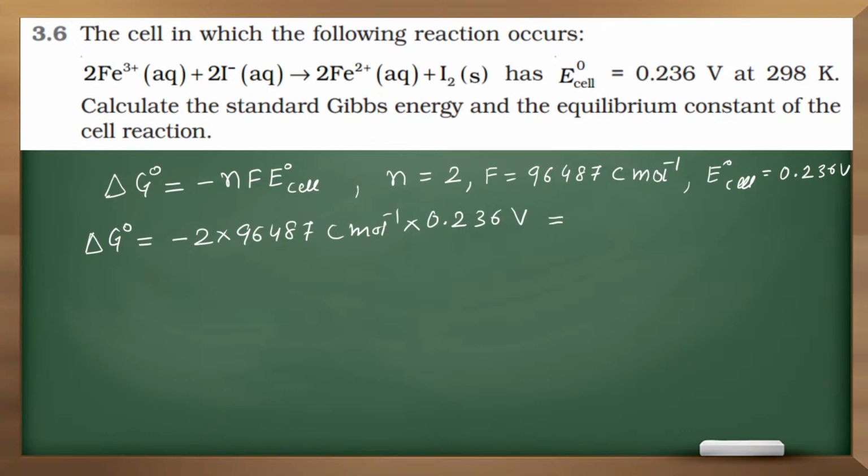So the value is 2 into 96487 into 0.236. So it is 45541.864 joule per mole.